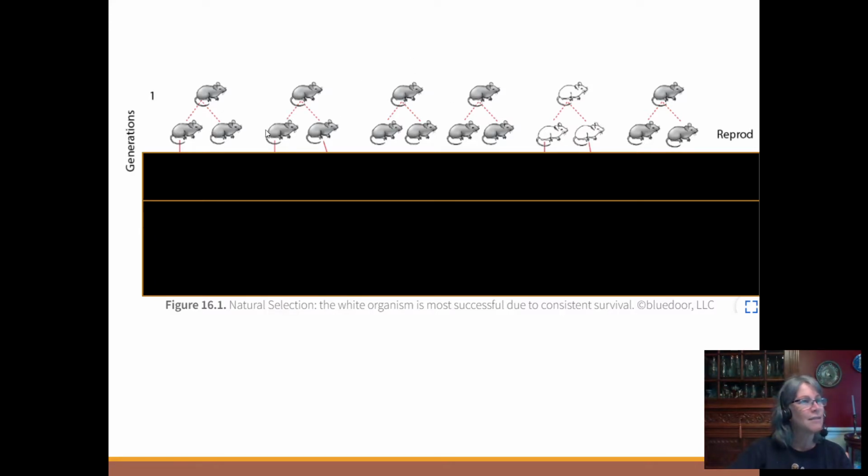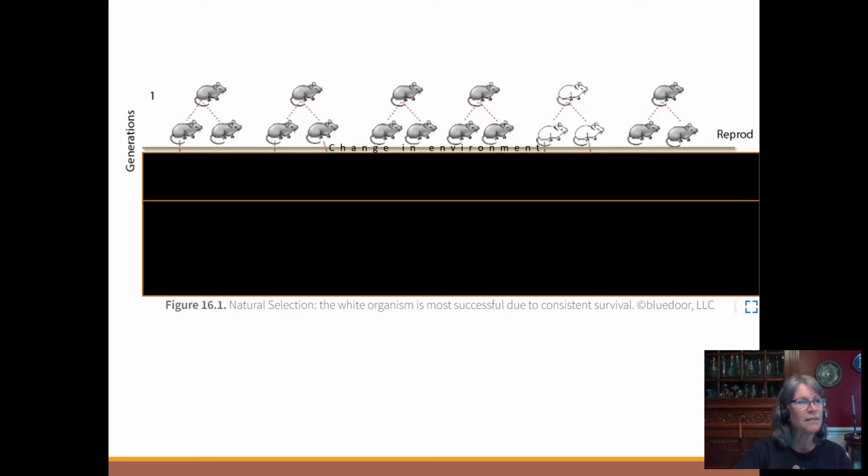So 1 out of 6, 2 out of 12, which reduces to 1 out of 6. So no advantage, everybody is the same. So we'll have this allele in the population, but just continuously at this low frequency compared to the whole population.